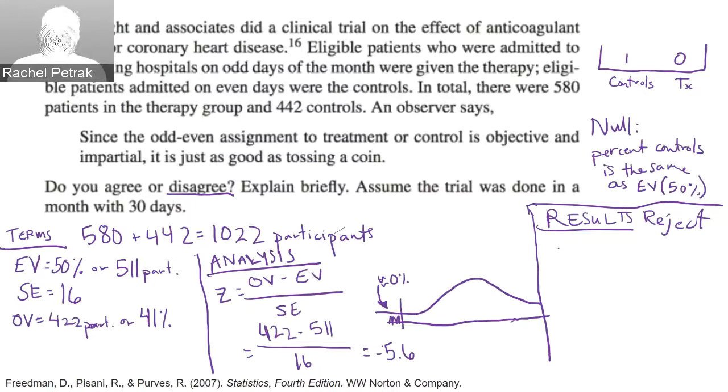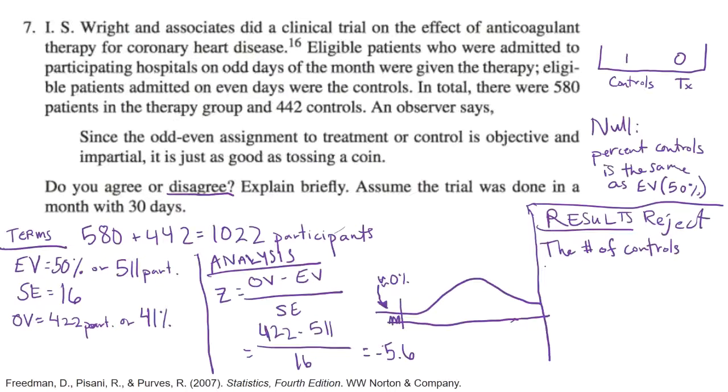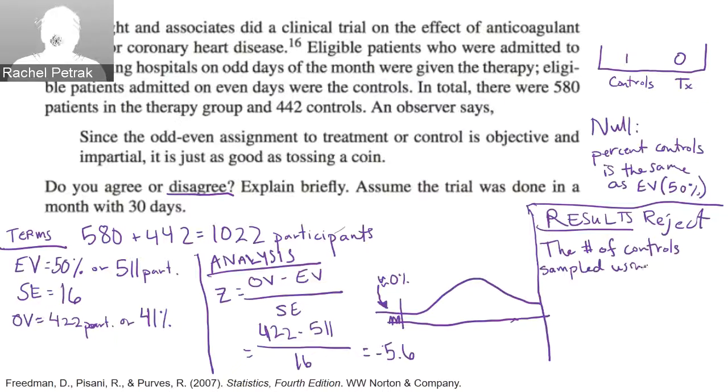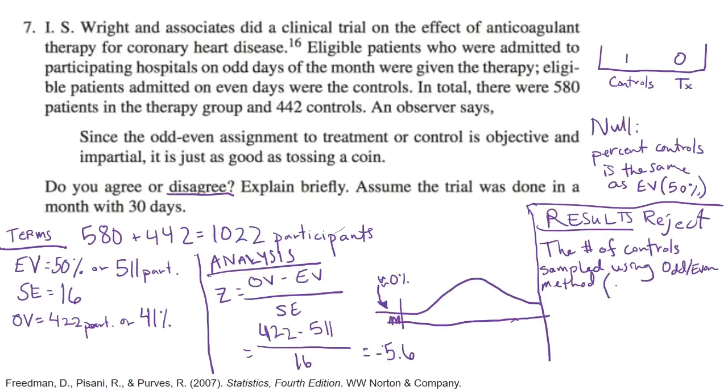Our sentence would say that the number of controls sampled using the odd even method, and I said the number of controls, so I'm going to report the number here, which was 422.